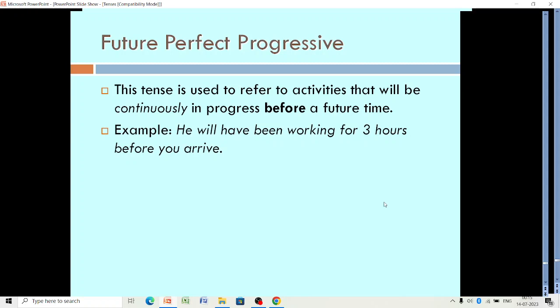Before that, he'll have been working for 3 hours. That means he has completed 3 hours of work before you arrive. That is the meaning. Will have been plus verb plus ing is the form of future perfect continuous.